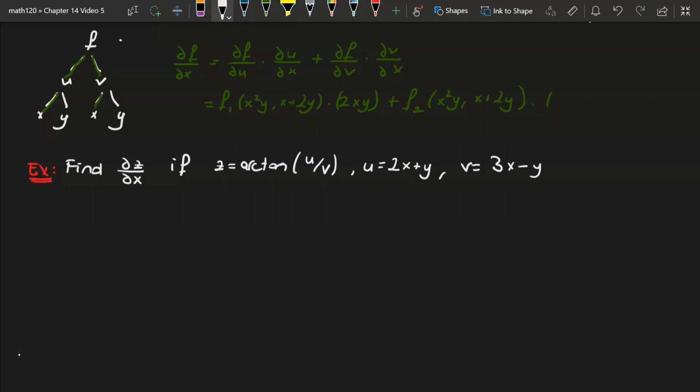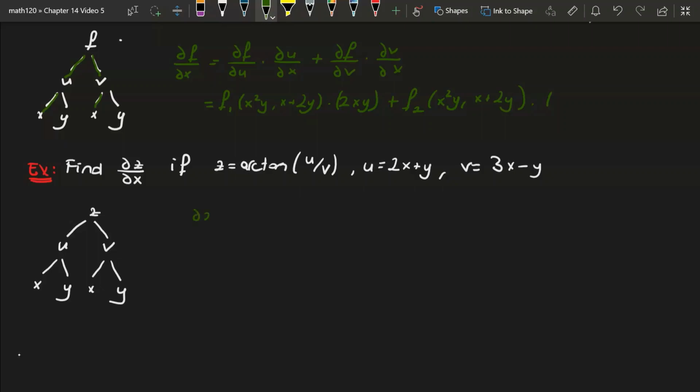Okay, we have a function z depending on u and v, and u and v are functions of x and y. We are asked to find the partial derivative of z with respect to x.